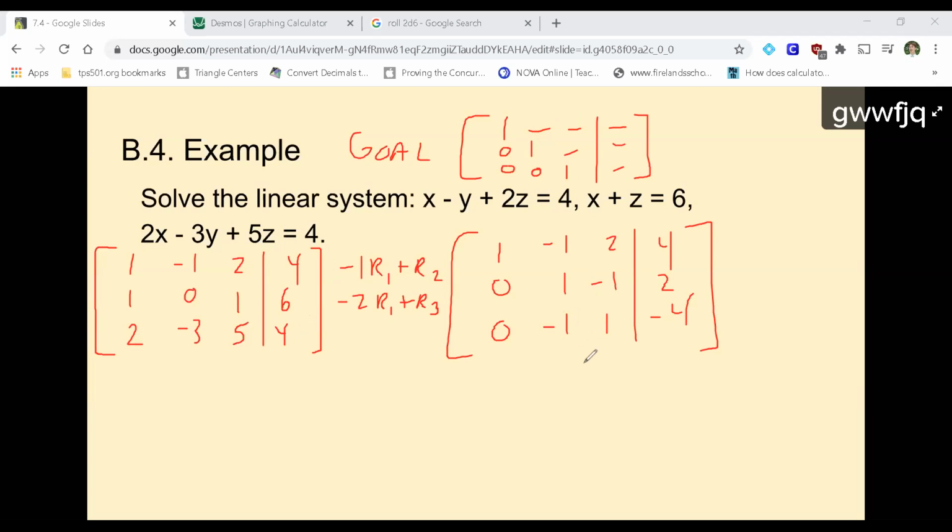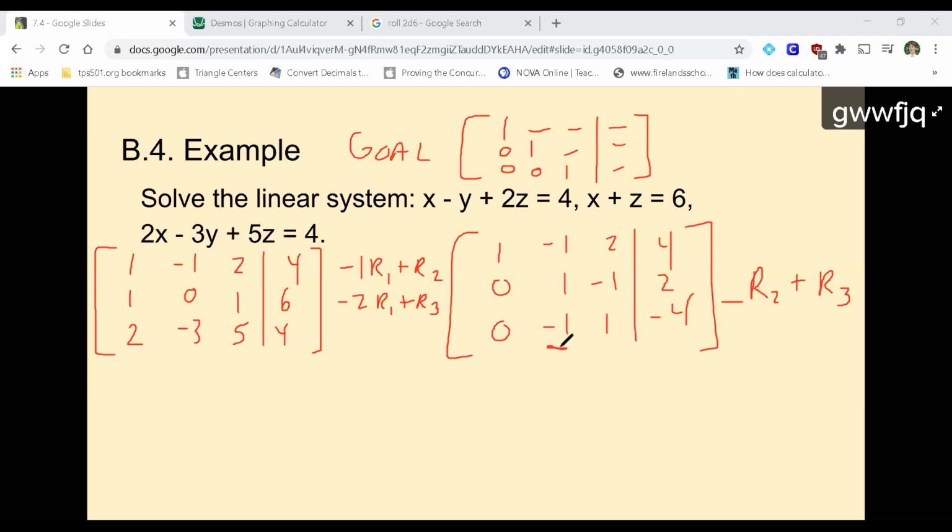How do I make this a 0? Oof. Y'all are scaring me a little bit here.